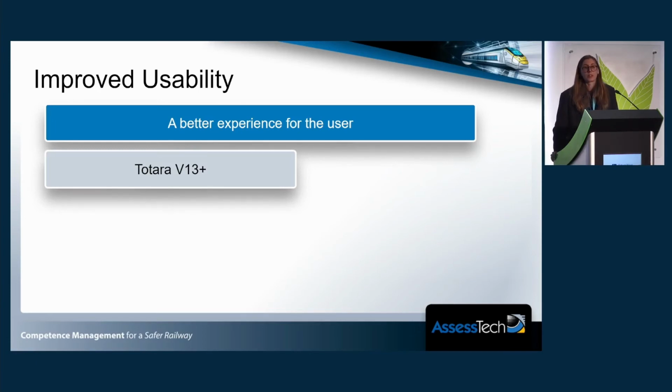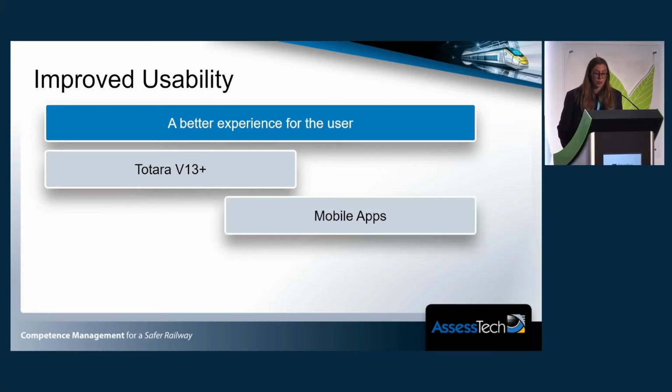Assessbook is built on software from a company called Totara, who are among the top learning management system providers, so we're following their model. We're going to look at that in more detail, and we're also going to be looking at mobile apps, which is probably the most interesting development that we've been making.